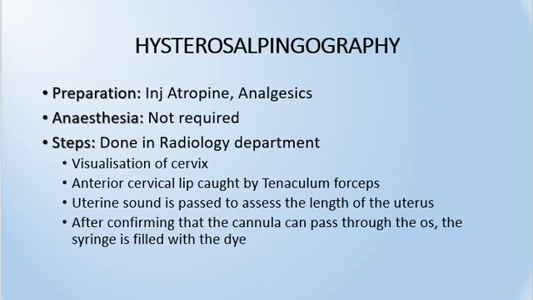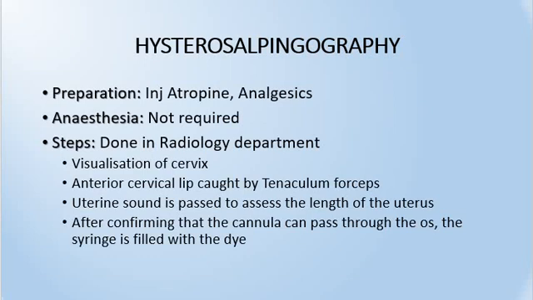First is the visualization of the cervix, and the anterior cervical lip is caught by the tenaculum forceps. Some people catch both the anterior and posterior lips of the cervix. Usually the timing of the HSG is from day 6 to day 10, and some advise day 8 to day 12 of the menstrual cycle.